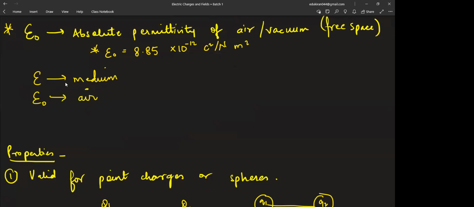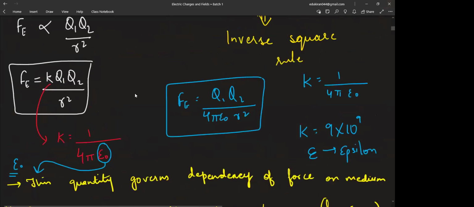For any medium, we have K, which we have just studied. This K is also called the dielectric constant. We'll be studying about this in detail in your next chapter, electric potential and capacitance.